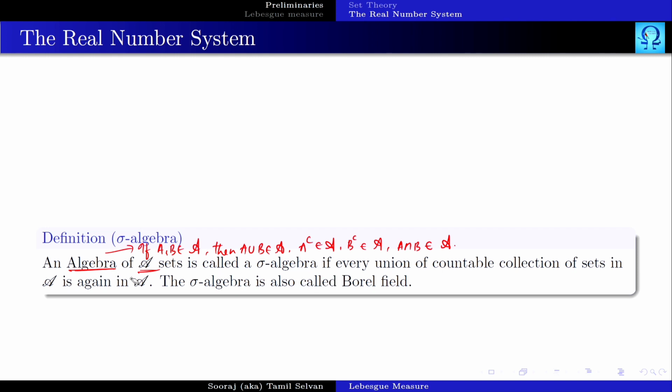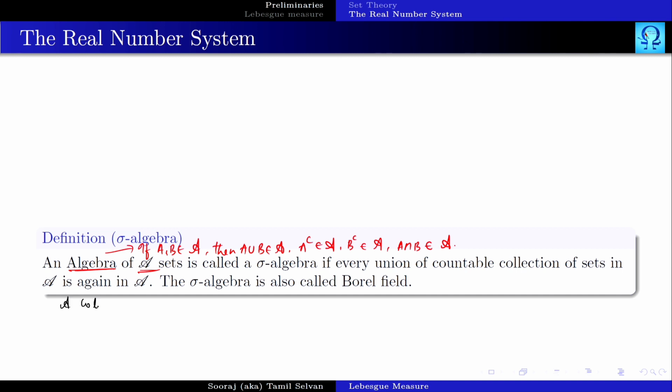This algebra is called a sigma algebra if every union of a countable collection of sets in A is again in A. Okay, what are they trying to say here? So let us try to redefine sigma algebra.